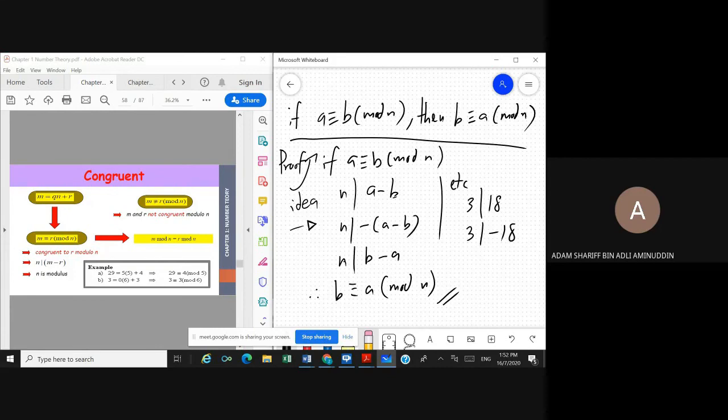Okay? You can take this. Take a look at this, how I manipulate the definition of congruent to apply to prove this theorem. Okay? It's always easy when you start with the definition.